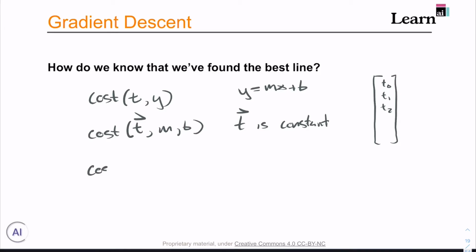So now cost really only takes in m and b. Cost takes in the line and tells us how good this line is over our training examples. So how do we think about this? We want to minimize this, which means we want to find the m and b that minimize cost.